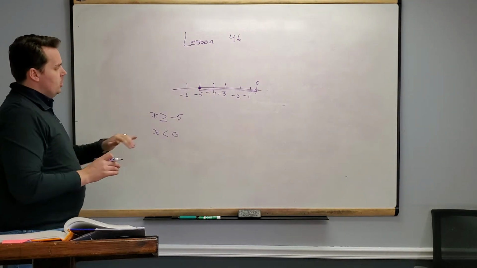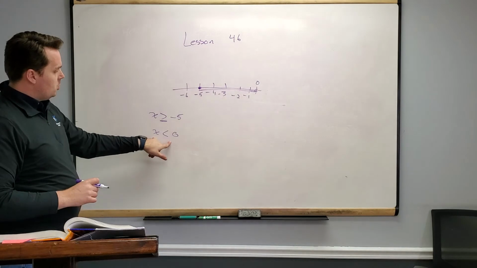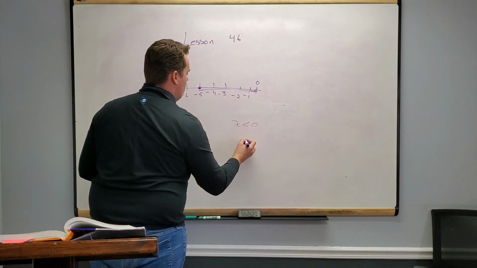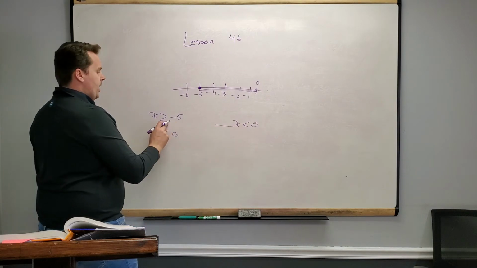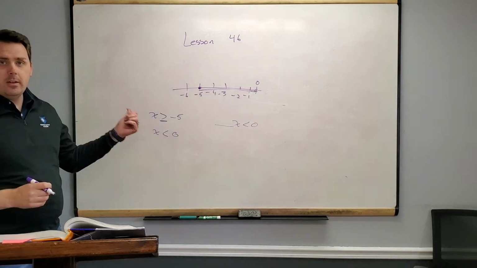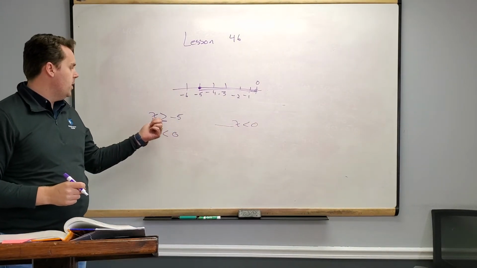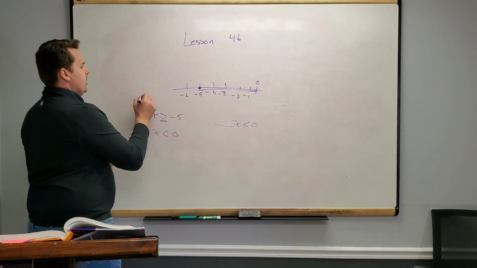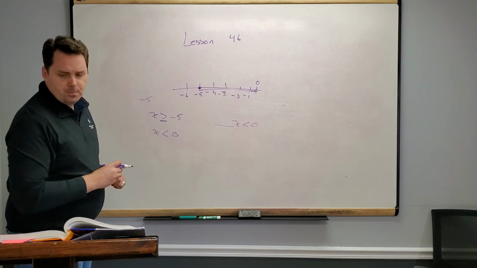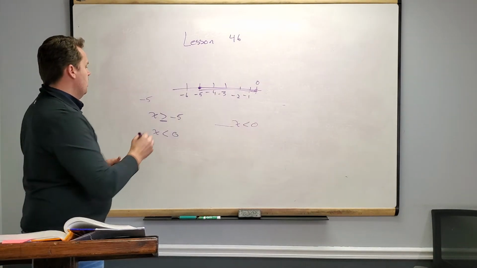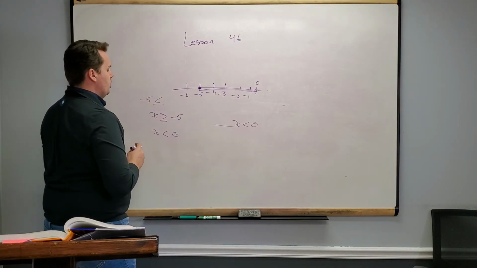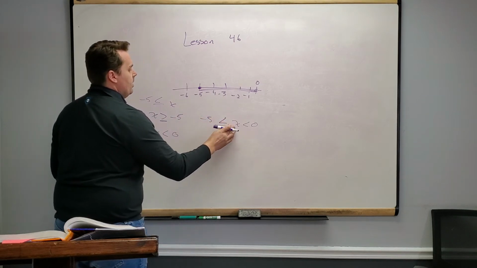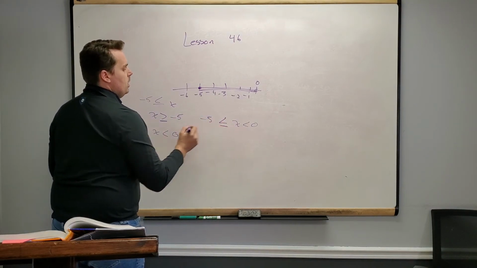Okay? So now, in this case, this one is moved all the way over here. X is less than 0. And over on this side, I'm going to write the negated version of this, right? If x is greater than or equal to -5, -5 is going to be less than or equal to x.